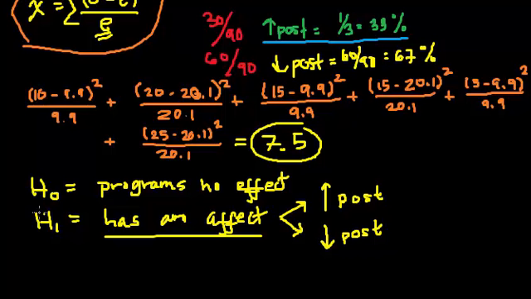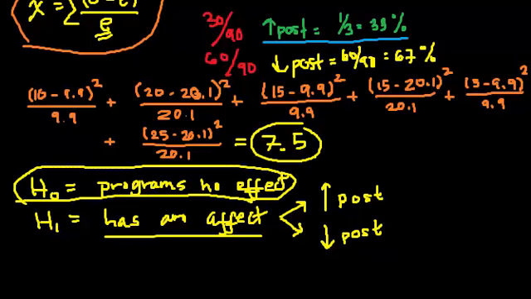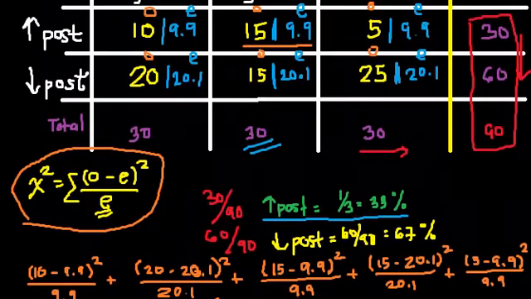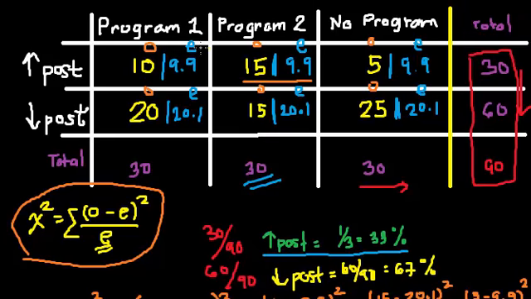It's just that, is there any change? All right. Now, how was I able to say this H naught? As you can see, the expected values that we're using right here are based on this total, and this total is adding up all the persons who got a higher post test to the persons who got a lower post test.